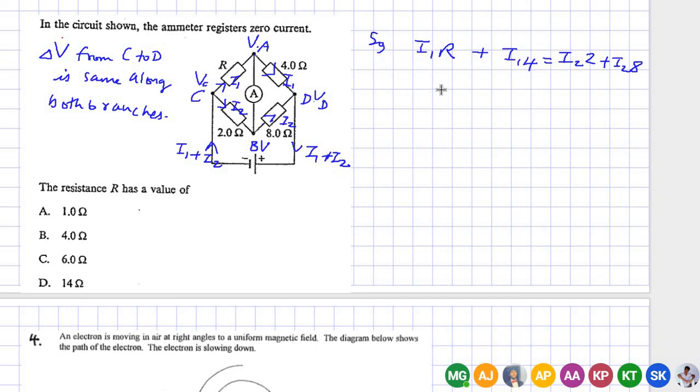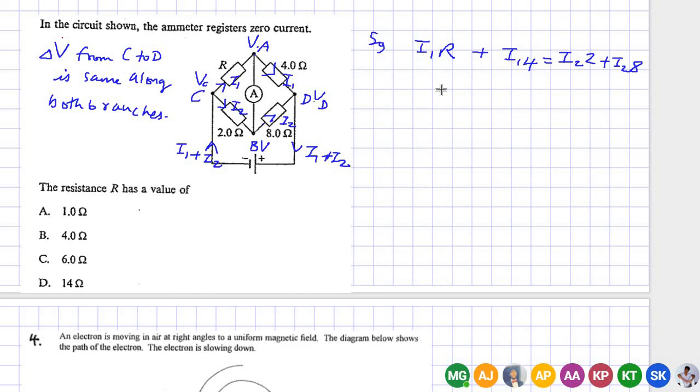Now we have two unknowns, I1 and I2, but only one equation. So we need one more equation, and that is obtained by saying that the potentials at A and B are supposed to be equal.